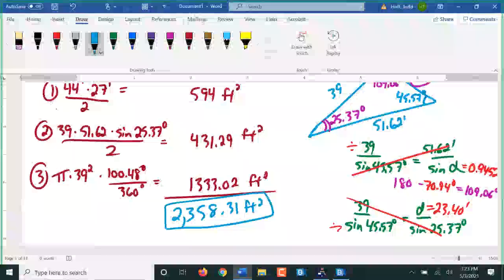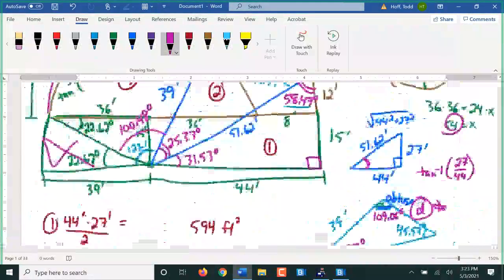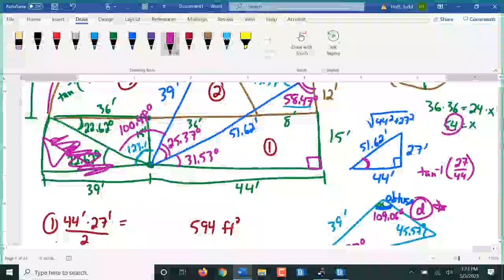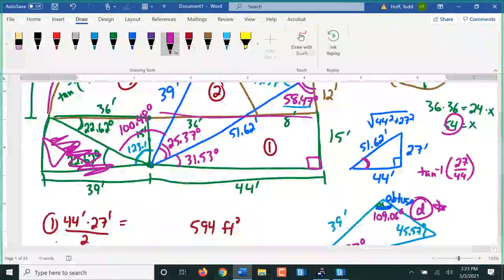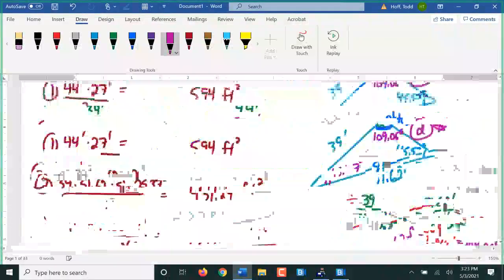But now I've got to subtract off only 2 pieces because remember we already subtracted this piece out. So I have this piece here. It is a 44 by 15 rectangle.